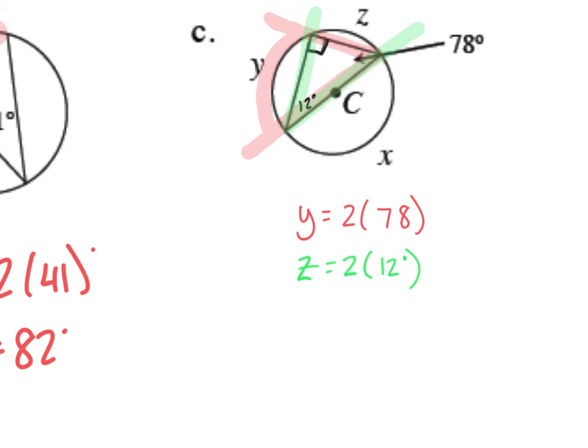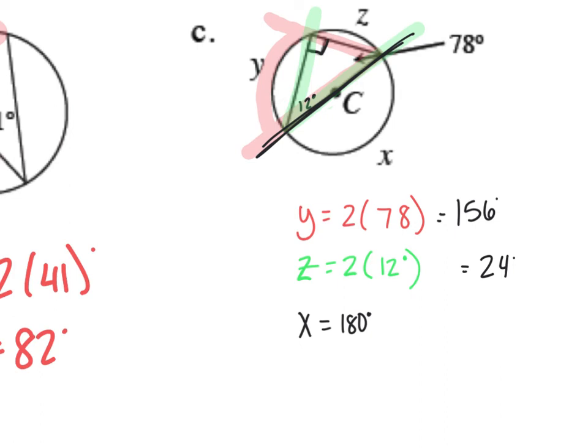And because this line that I have here cuts through the center of the circle, I know that this is a diameter. It cuts the circle in half. So I know x has to be 180 degrees. This would be 24, and this would be 156. If I check them, all 3 of them together should add up to 360, and they do.